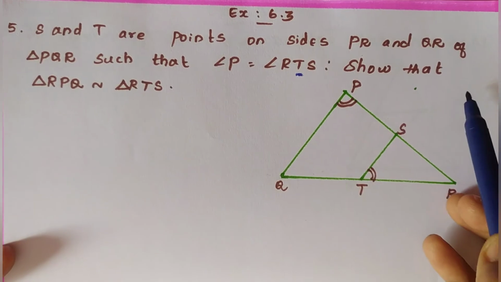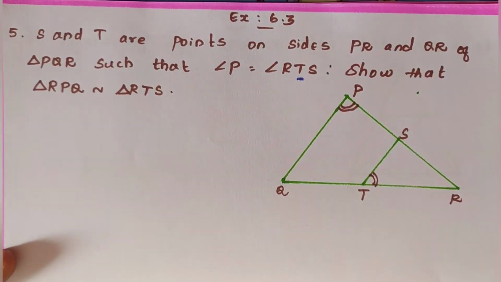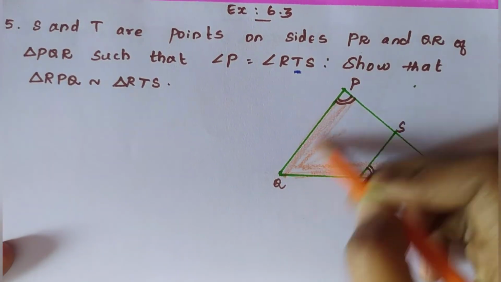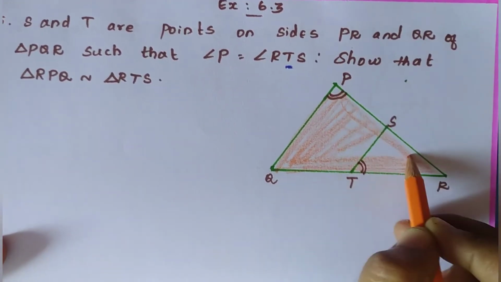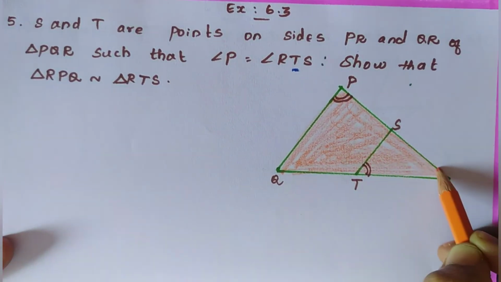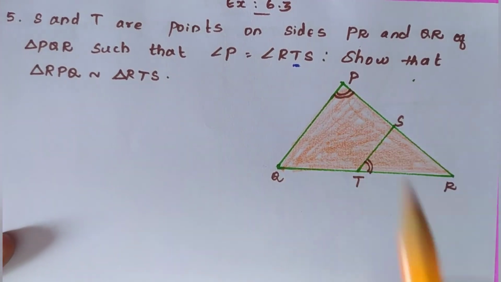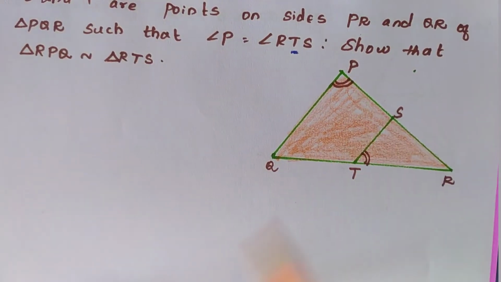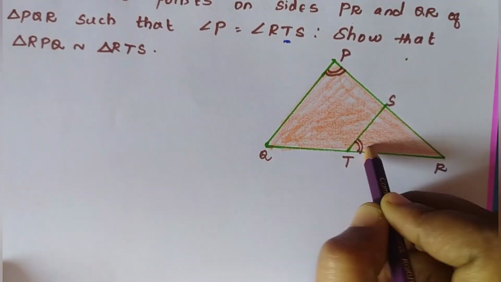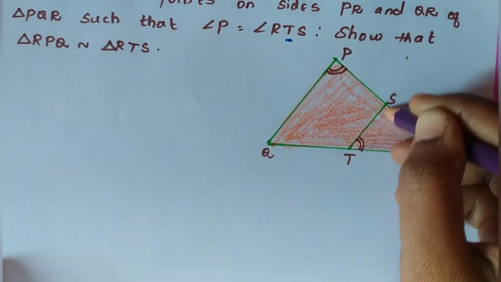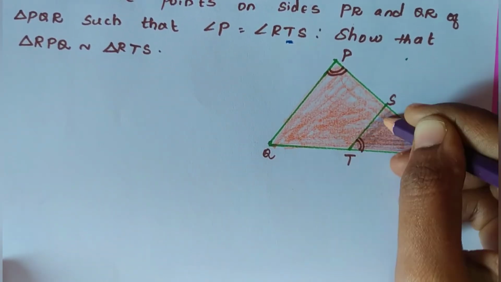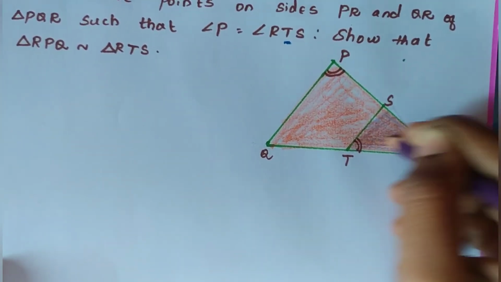Show that triangle RPQ, that is the full triangle, and triangle RTS, this triangle. You have to prove that these two triangles are similar.